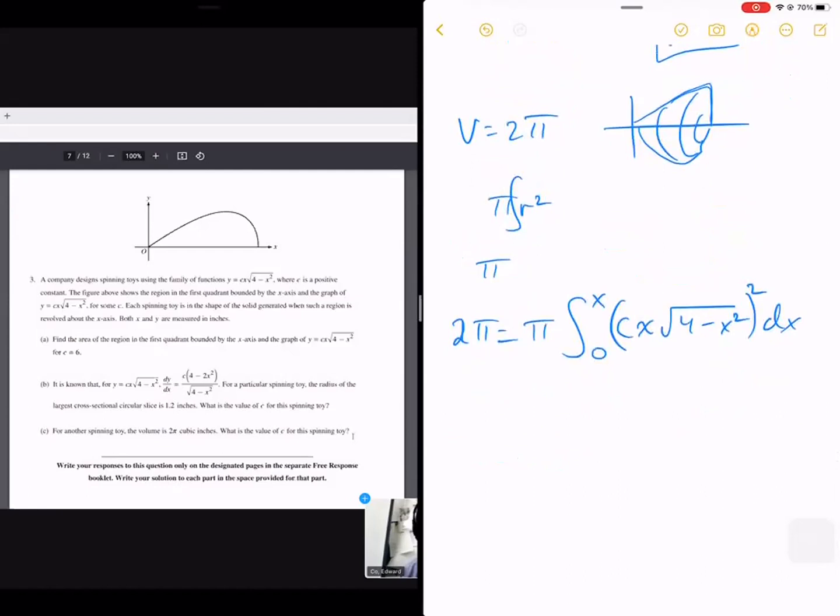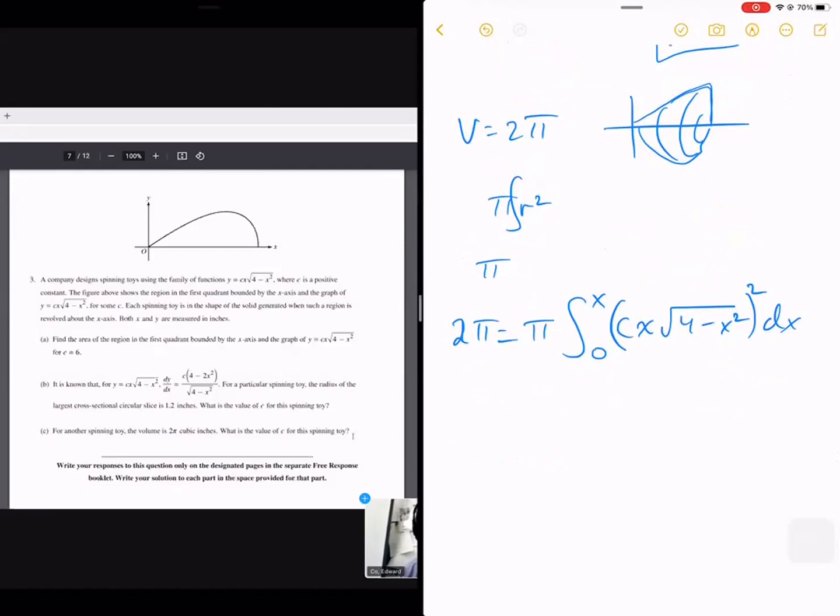For another spinning toy, the volume is 2 pi cubic. So that's the volume, and our volume equation is pi r squared for the spinning toy. What is the value of C?